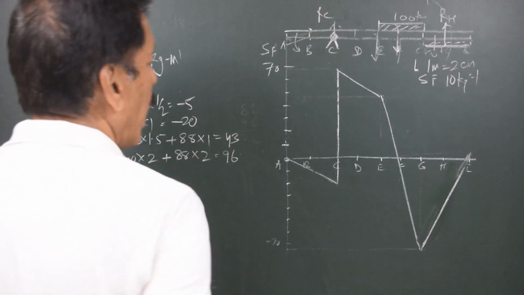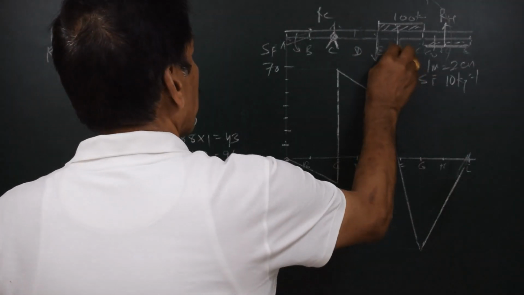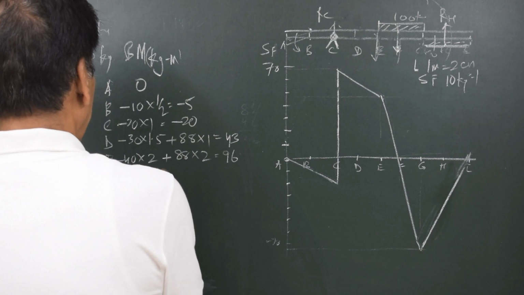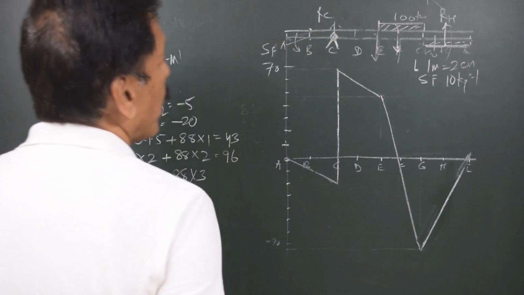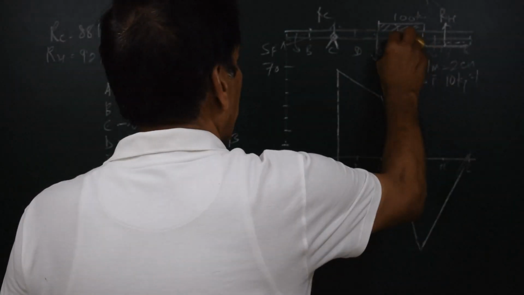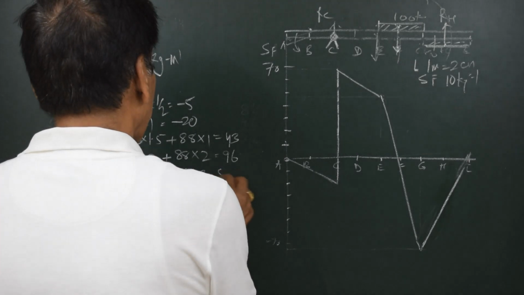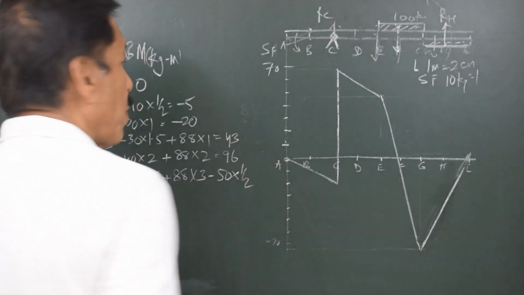And at F, there is this point F, you have minus 50 into 2.5 plus 88 into 3. But we have at F, we have this 50 kg downwards, that means anti-clockwise moment, at a distance of half a meter, that is minus 25.